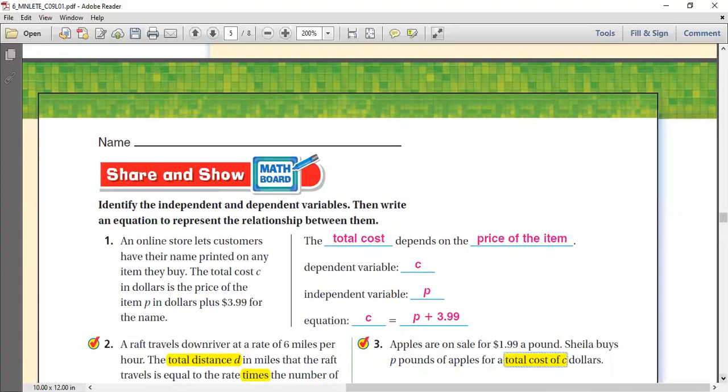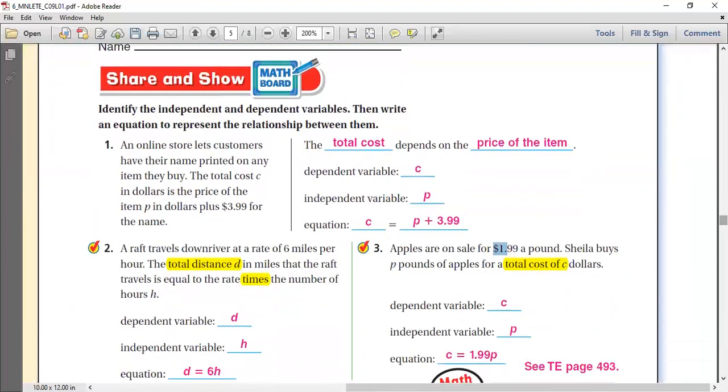And which is the independent variable? P, because that's how many pounds Sheila is buying. And how much is the price of 1 pound? It's 1.99 dollars for 1 pound. So if Sheila buys 2, 1.99 multiplied by 2. If Sheila buys 5, 1.99 multiplied by 5. So 1.99 multiplied by P. So this is your equation.